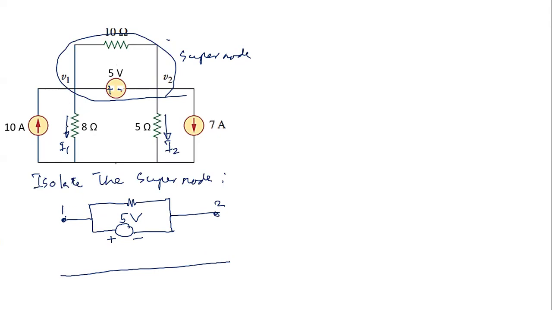Okay, if we look at here, the current I1 is going downward, so this is the polarity of the V1. Also with the V2, plus minus. So the voltage across here is V1, and the polarity is plus minus since the current is going downward. And we have here also V2, and the polarity is plus minus since the current is going downward.